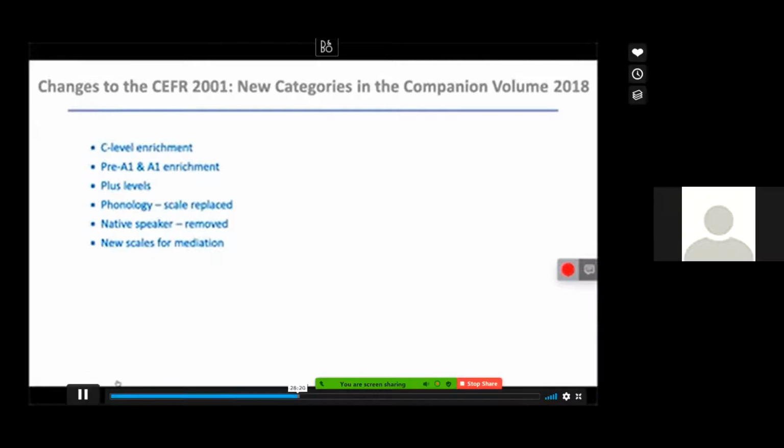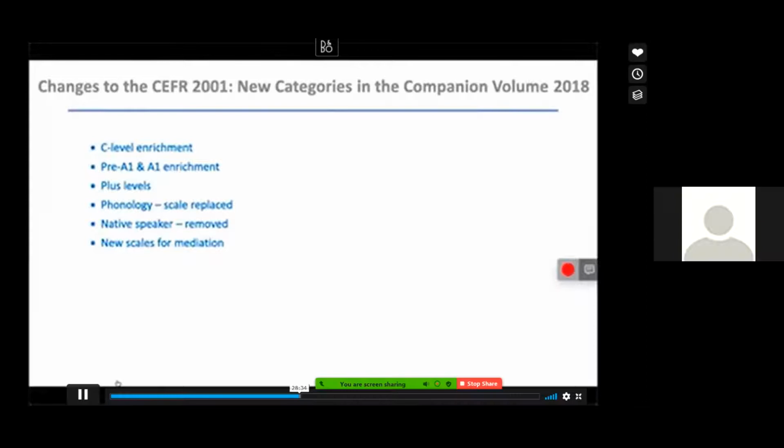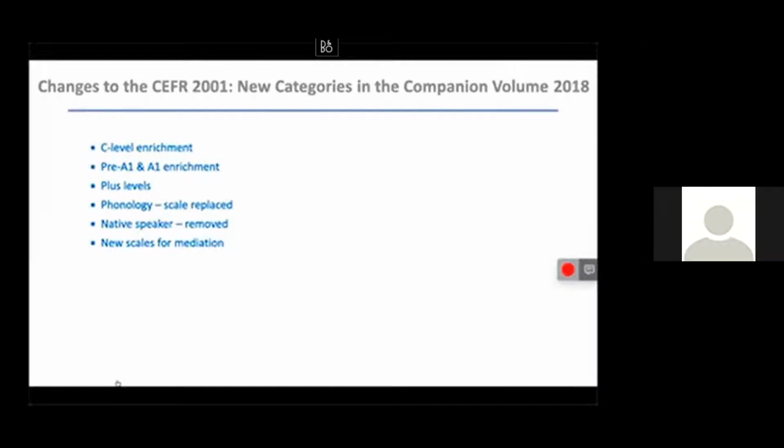Now, things have changed. So the companion volume to the CFR includes many more descriptors at C1 level and at C2 level. There's also more descriptors at very low levels, not thinking of English or French or German or Spanish, which are the main languages, but thinking of languages which are not as widely learned, languages like Turkish or Dutch or Chinese, that may be assessed at a lower level than A1. So it was decided that there would be a minus A1 described as well.